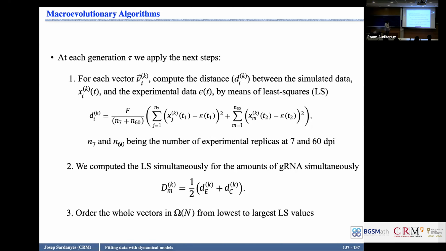And then when I compute the fitness of all the vectors, I will have them ordered from larger fitness to lower fitness, which means from less distance to larger distance, because I assume that the higher the fitness, the lower the distance between the simulated and experimental data. I mean, if my species is close to the data, the fitness of the species is large.